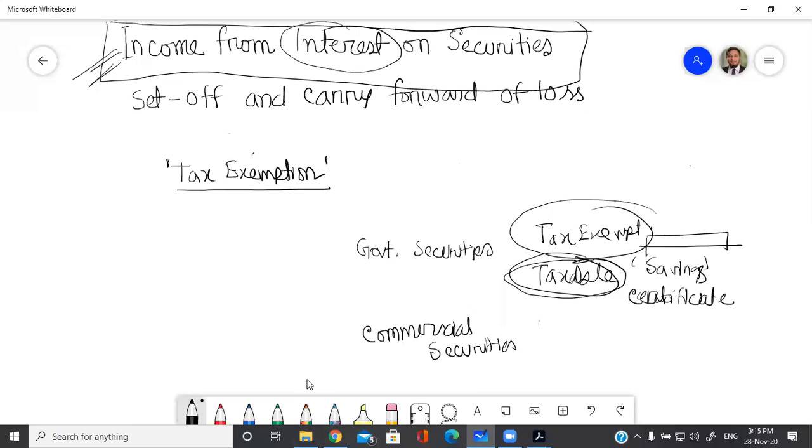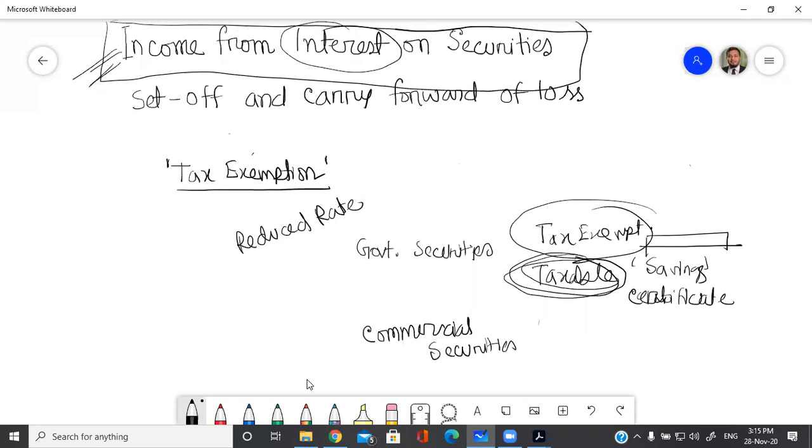Okay. But what we like to say that in government securities, though we are saying taxable, some securities are taxable like savings certificate, but you need to recognize that some securities, specifically government securities, are though taxable but taxed at a reduced rate.